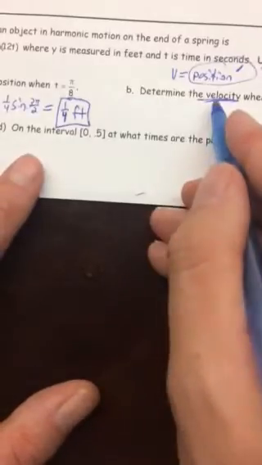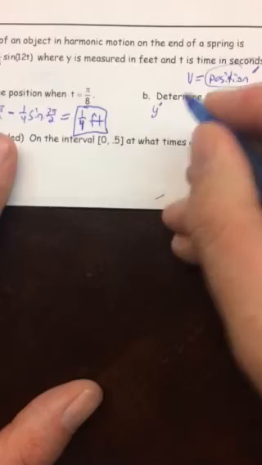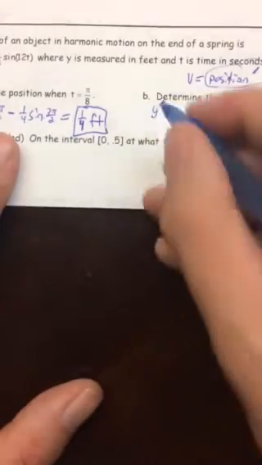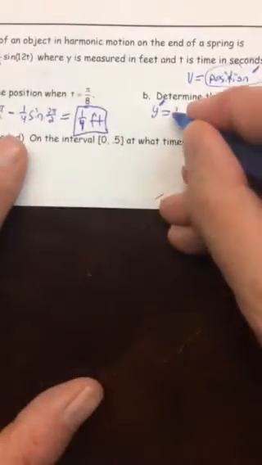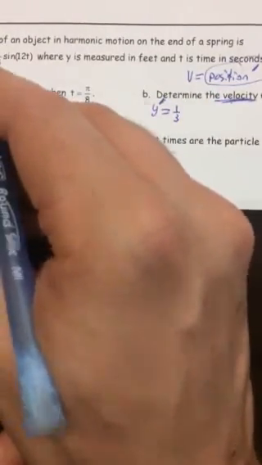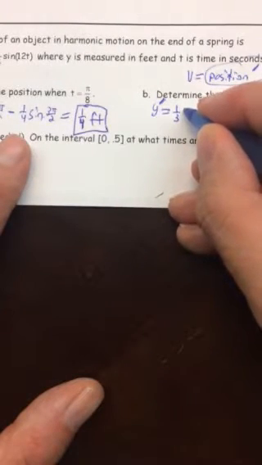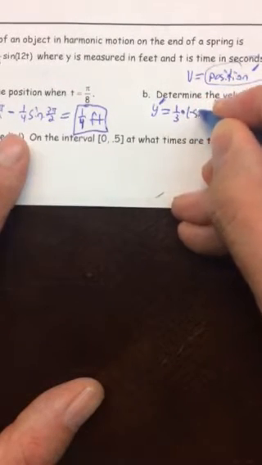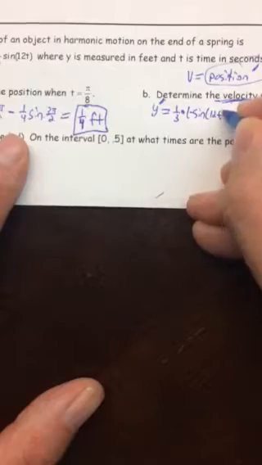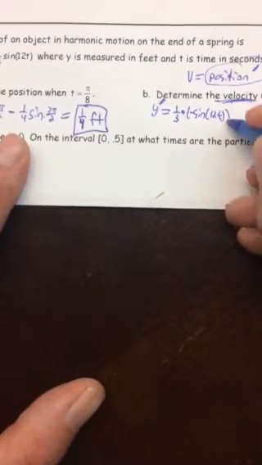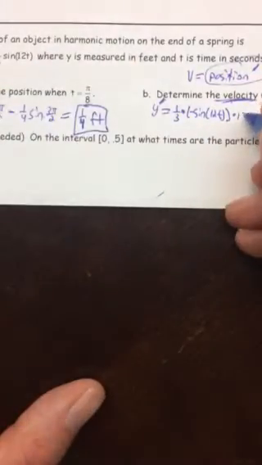Okay, so we need the velocity. Well, here we're going to be using the chain rule. So the velocity when t equals pi over 8, first we need to find a formula for the velocity. So y prime is going to be, here we've got a constant multiplier, so it's going to stay there. This is cosine of something, so the derivative of cosine of something is negative sine of that thing times the derivative of the inside, which is 12.